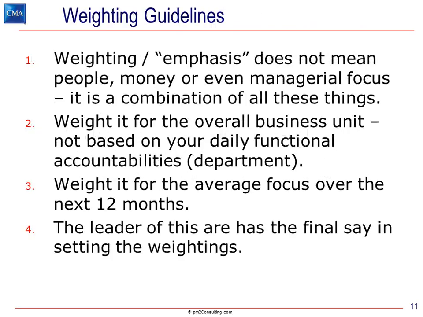I'll show you how. But first, you need to understand 4 simple guidelines that you need to emphasize with your team. First, the weighting or emphasis doesn't mean people or money or even the managerial time and focus you spend on an issue. It's a combination of those things, which means if an objective comes up with a 5% weighting, we don't expect it to have 5% of the people or an investment of 5% of your funds.